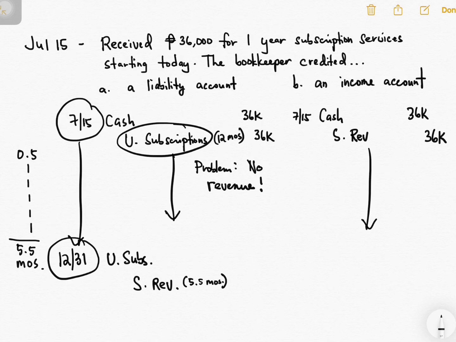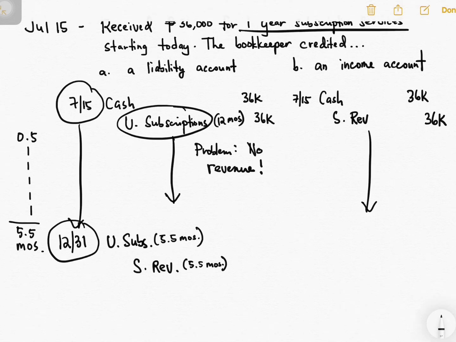Because it's a 1-year subscription service, and 1 year is 12 months. So you started with 12 months, but since you already earned 5.5 months, you will reduce the obligation by 5.5 months. And this will justify why the amounts in the adjusting entry are the same.